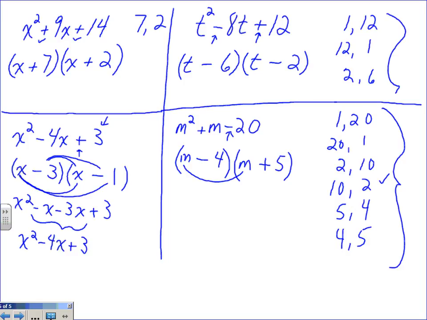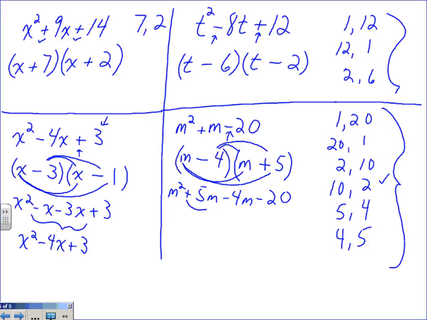m times m is m squared. I'm using FOIL. m times 5 is 5m. Now the inside terms, negative 4m. And the last term, there's my negative 4 times a positive 5, and that gives me a negative 20.